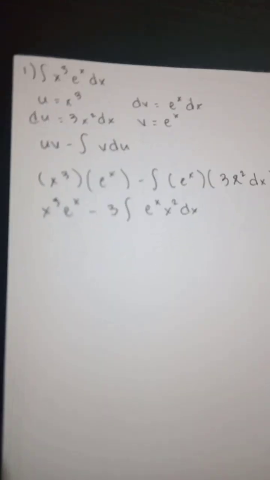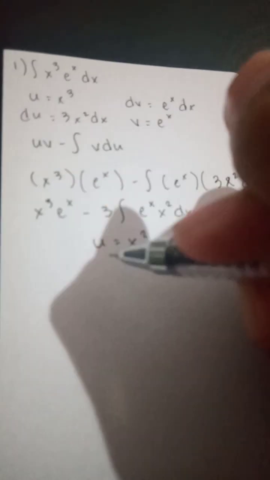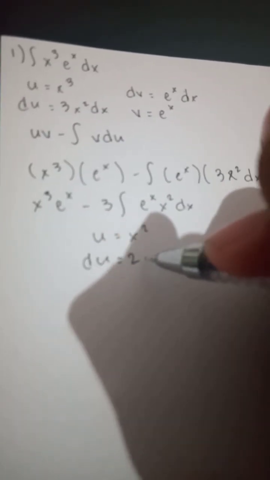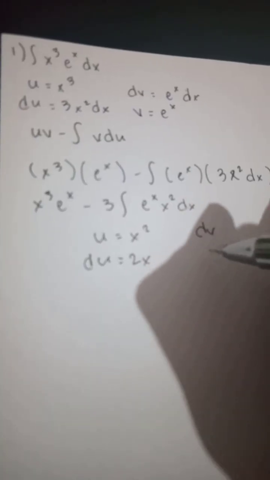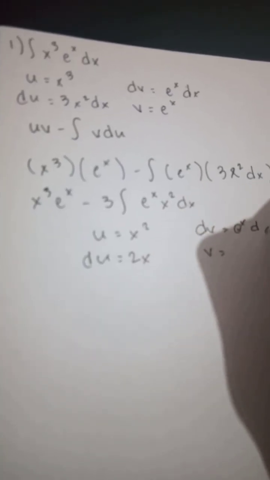Since we can still integrate them, we shall do another one, where our u will be x squared, same process, which will become 2x dx. And v is still going to be the same, which is e to the power of x.